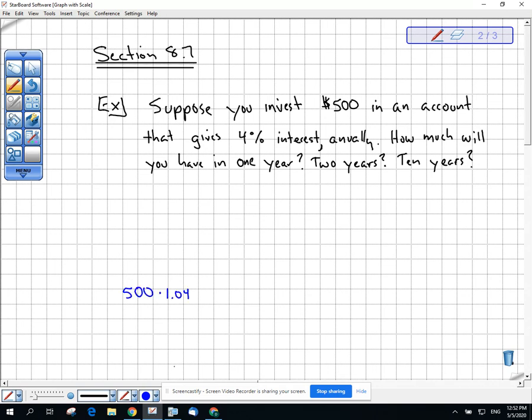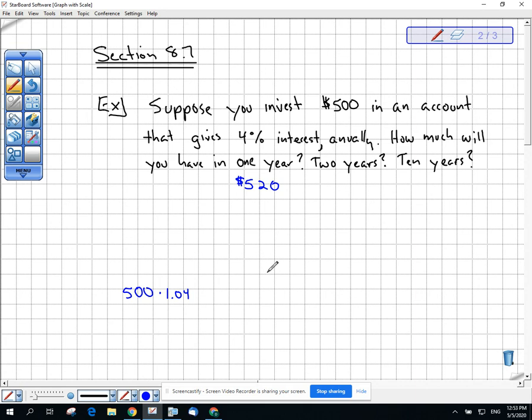And I do recall a discussion where we said you could take 500 and multiply it by 0.04 and get that number, which would be $20, and then add it to the original. And then we arrived at the fact that you could just multiply by 1.04 and reduce the number of steps to arrive at the same thing. 1.04 is 104%. So the answer to this is $520. In 1 year, your 500 becomes 520.